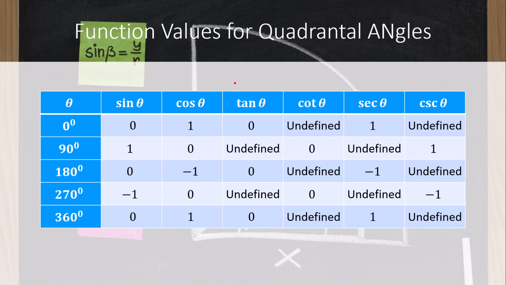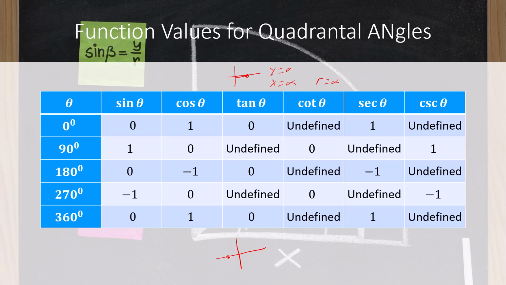I want you to realize that if we're dealing with 0 degrees, then y is equal to 0, x is equal to some number, and r is equal to that exact same number, and through those we can figure these things out. I want you to see the situation that's going on.